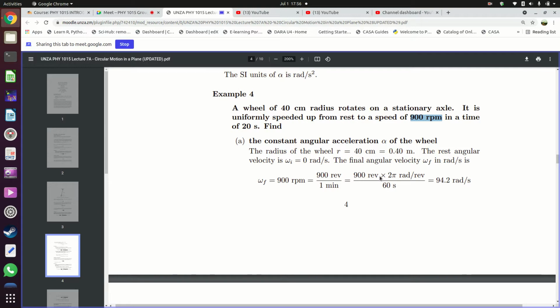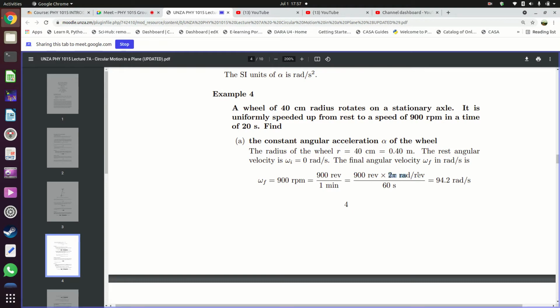And again, I'm not happy with how I wrote the conversions, so I will need to rewrite them properly so that you can see how they're being done. But if you bother to do it, 900 RPM is going to be 900 revolutions divided by 1 minute. Then this 900 revolutions multiplied by 2 pi radians divided by a revolution, because 2 pi radians is equal to 1 revolution.